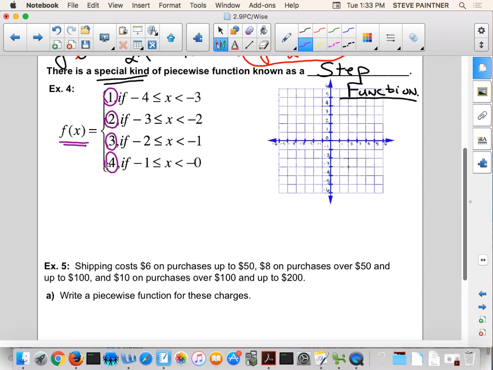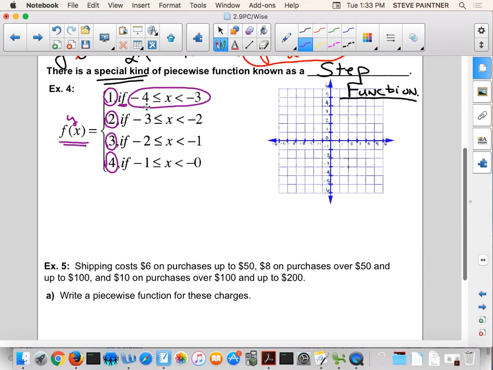So here's the deal. Your y value will be 1 if you plug in what x values? Any number greater than or equal to -4, but less than -3. You don't have a big window.